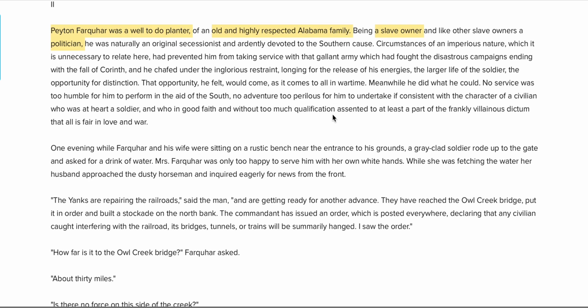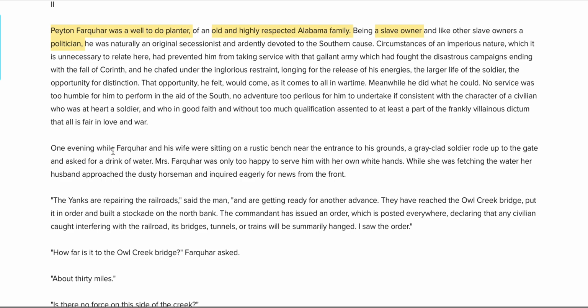If we look into the historical background, you would find that this story is set during the Civil War between the northern states and the southern states. And the Civil War was mainly concerning the idea of slavery.